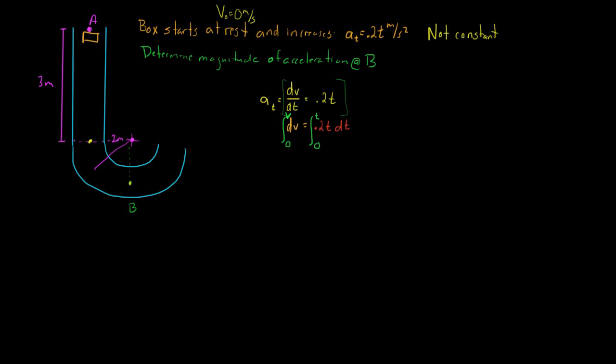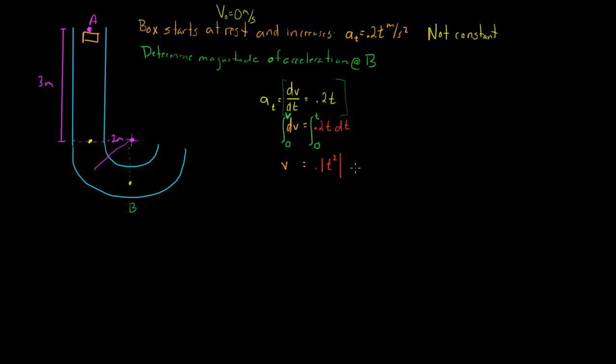Well, when we integrate this, we get v is equal to 0.2 t squared divided by 2. We can simplify that a little more, so that the 0.2 becomes 0.1 t squared.